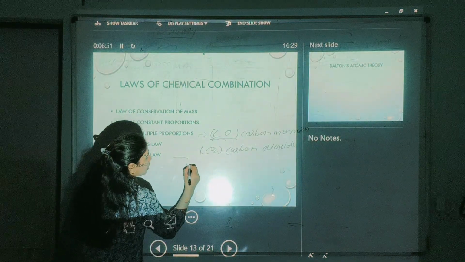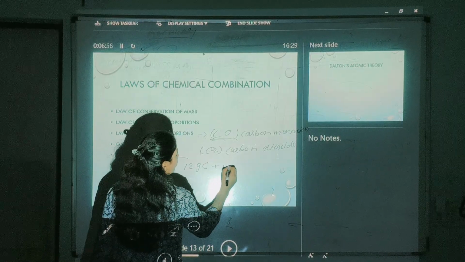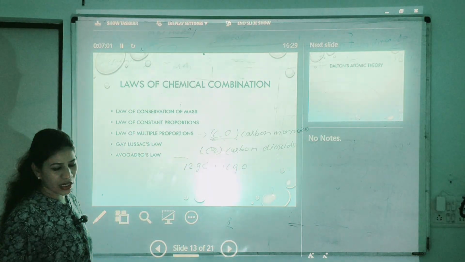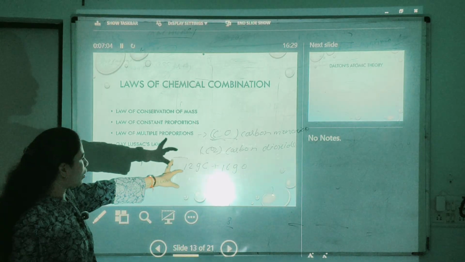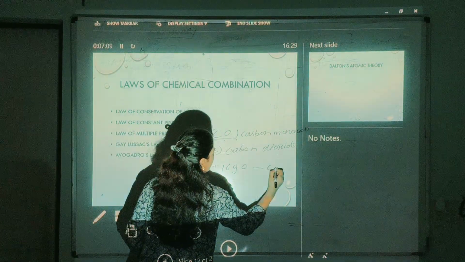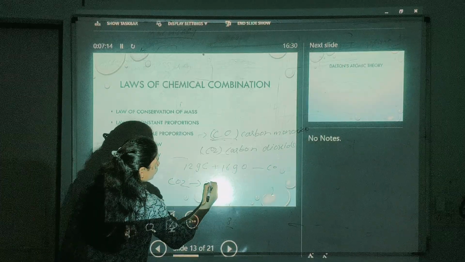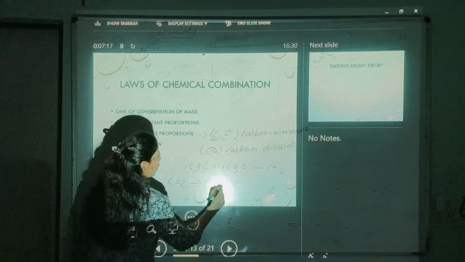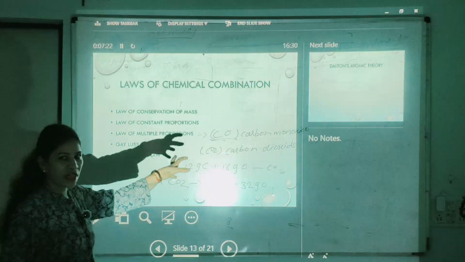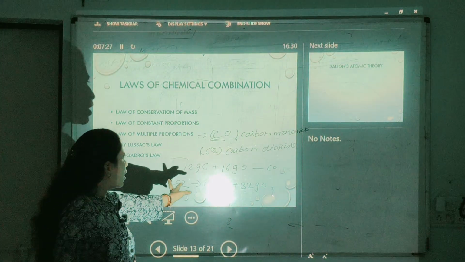And in CO2, 12 gram of carbon combines with 32 gram of oxygen. Two different compounds are shown here. CO is carbon monoxide and CO2 is carbon dioxide.